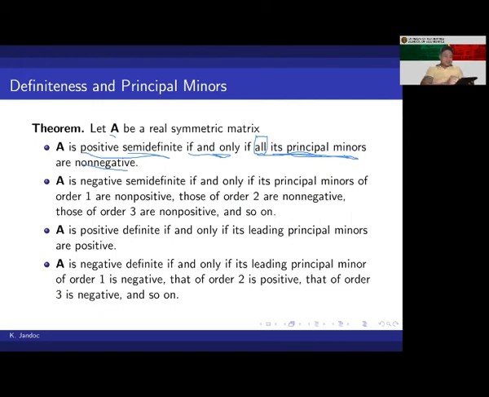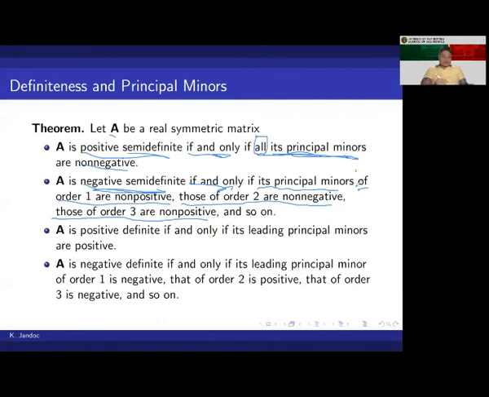It's negative semi-definite if and only if its principal minors of order 1 are non-positive, meaning either negative or 0, those of order 2 are non-negative, so either positive or 0, those of order 3 are non-positive, and so on. So they're kind of like flipping signs.